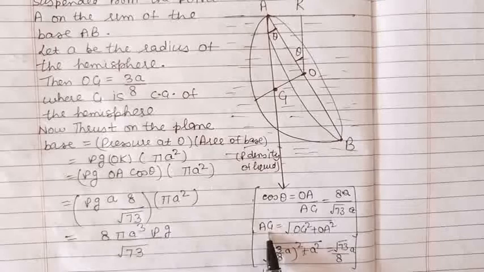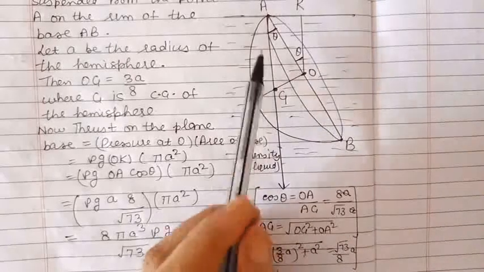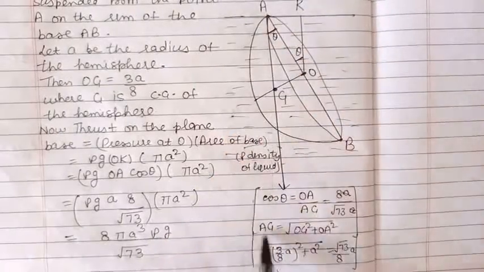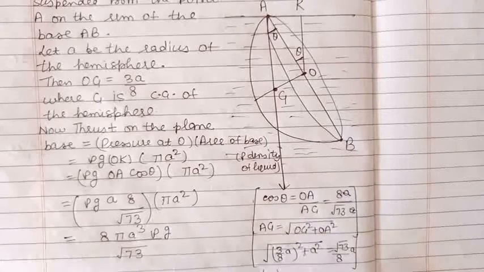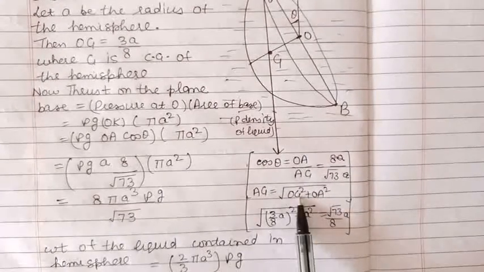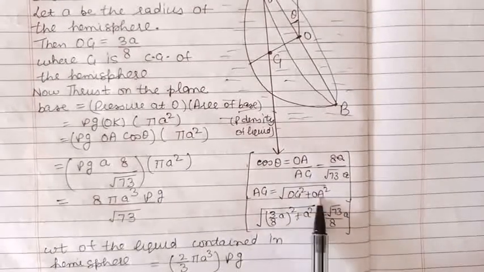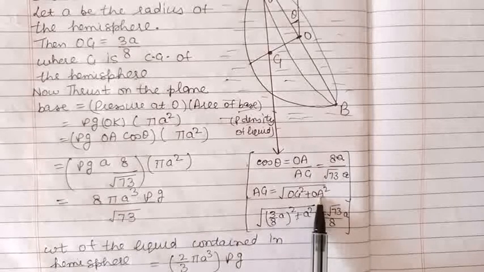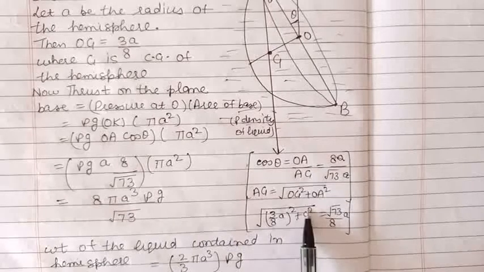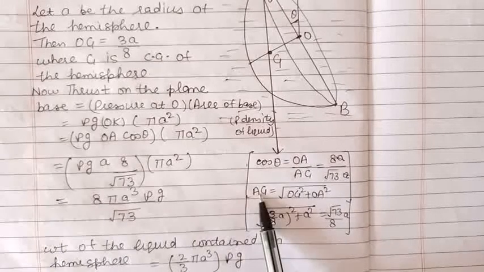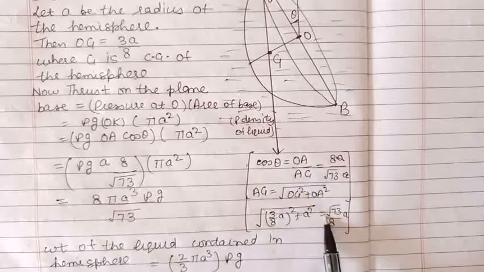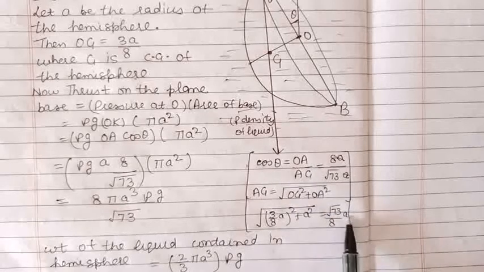AG can be obtained by using Pythagoras theorem from this right angle triangle AOG. AG will be square root of OG square plus OA square. Now OG is 3/8 times a, and OA is the radius of the hemisphere, which is a. So putting the values here, we have obtained the value of AG, which is root 73 upon 8 times a.